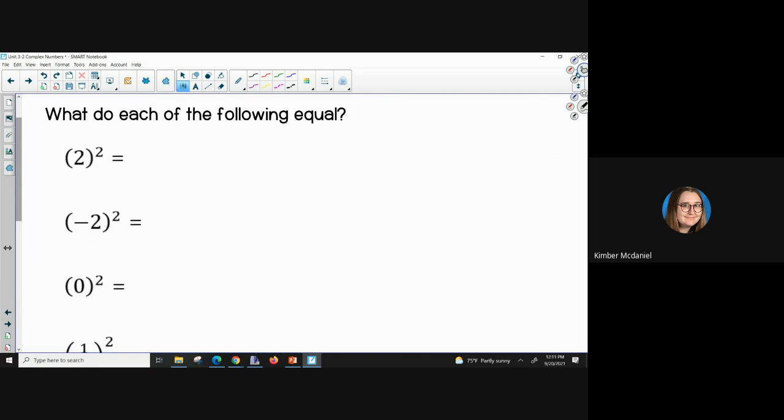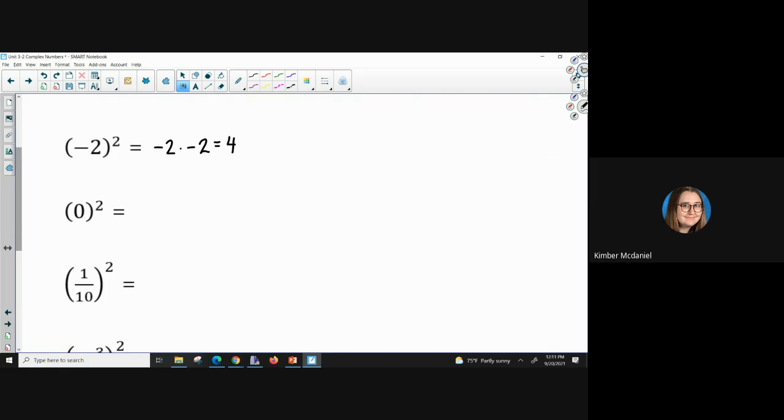We can rewrite 2 to the second power as 2 times 2, which equals 4. We can rewrite -2 squared as -2 times -2, which still equals 4. 0 to the second power can be rewritten as 0 times 0.